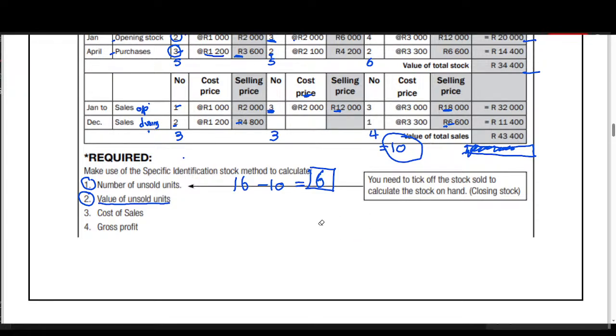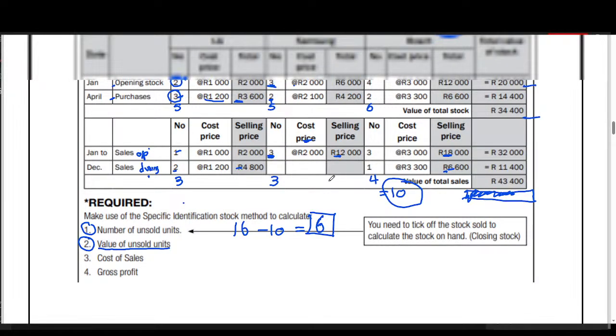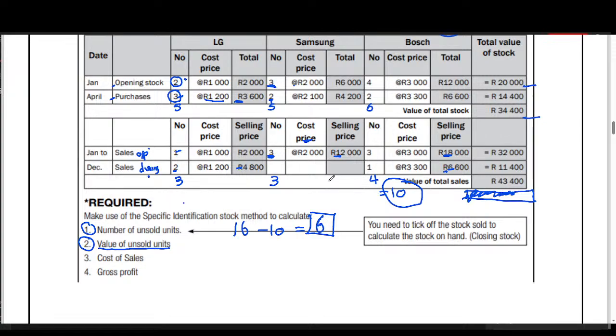Right, we go to number 3 now. We want to calculate the cost of sales. So for the cost of sales, we need to know the cost price of the units that we sold.